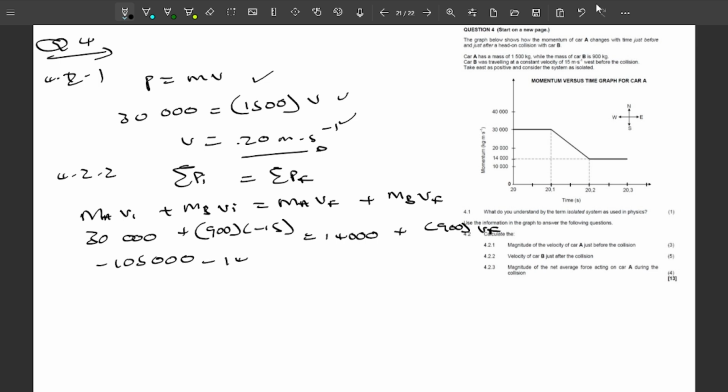Then you subtract the 14,000, and divide the answer that you get by 900, which gives your VF as 2.78 meters per second. That's the answer you should get also, by the way.